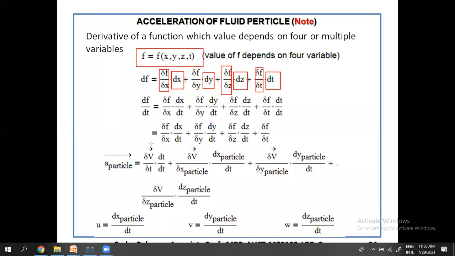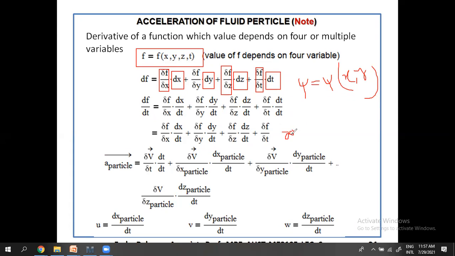So it is the same thing. Instead of f, we have psi, psi equal to psi of x, y. So d psi will be which value?